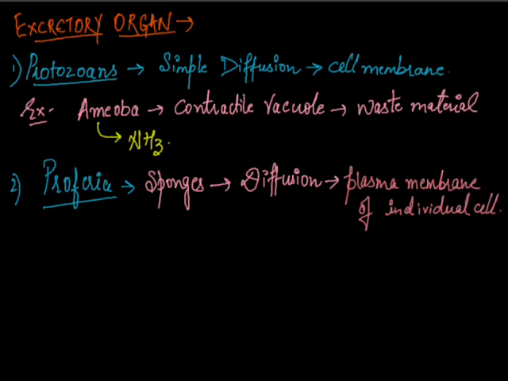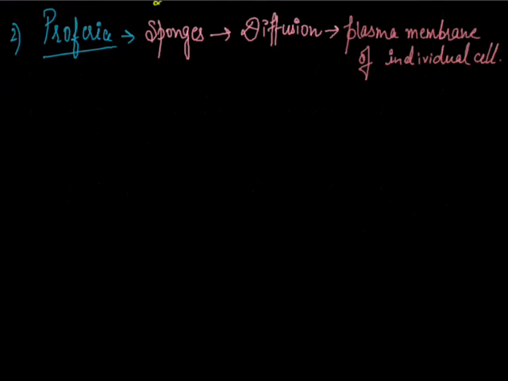As we all know, in porifera every cell has its specific function, so each cell individually performs the function of excretion. They also excrete waste product in the form of ammonia.